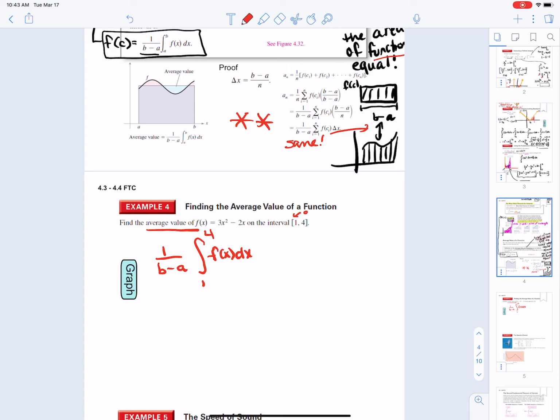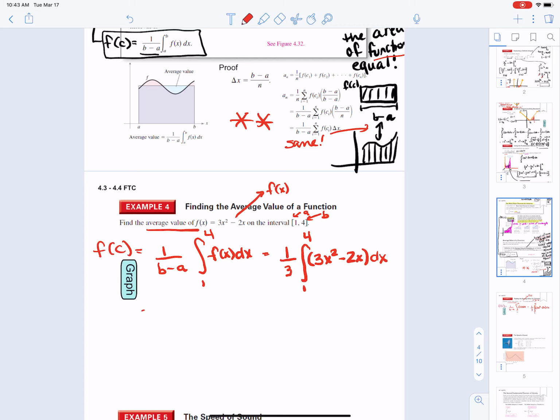My a is represented here, my b is represented here, and there's my f of x. So I just sub in the values. 1 over 4 minus 1 is 3, integral from 1 to 4, f of x is 3x squared minus 2x dx. We're actually finding the height of that rectangle. This is like f of c, if you wish.